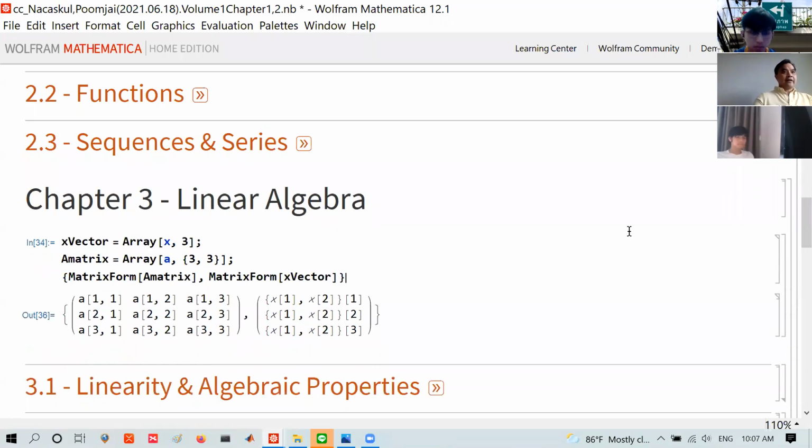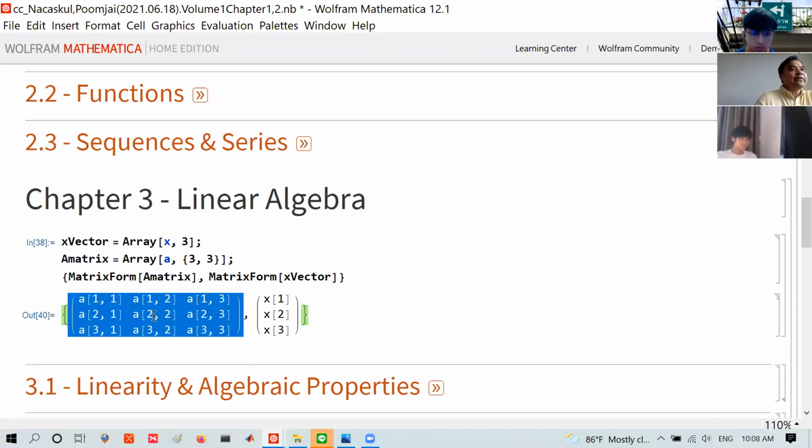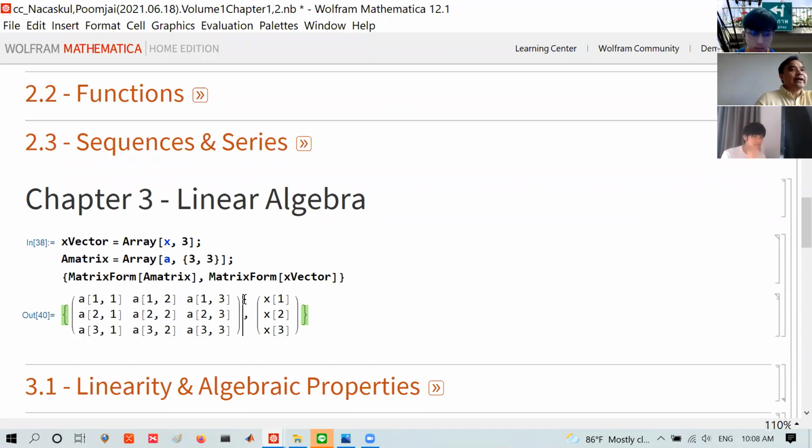So this here is a 3 by 3 matrix, A11, A12, A13. This is a vector. Remember, a vector is an ordered list of numbers, but in mathematical notation, it's written in column form. So you have x1 on top, x2, and x3.